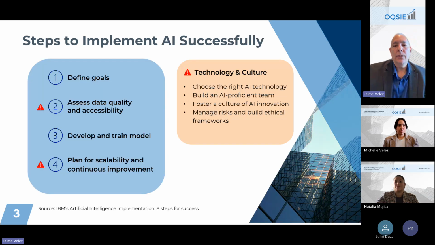All right, so let's talk about, again at a very high level, what are the steps required to implement AI successfully. This is a publication from IBM, and Natalia will copy the link to this particular publication in case you would like to access it at a later time.